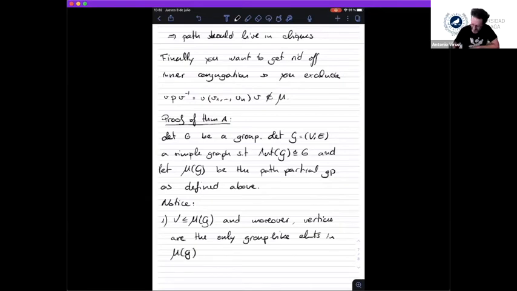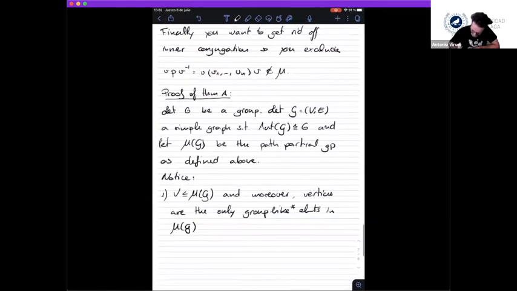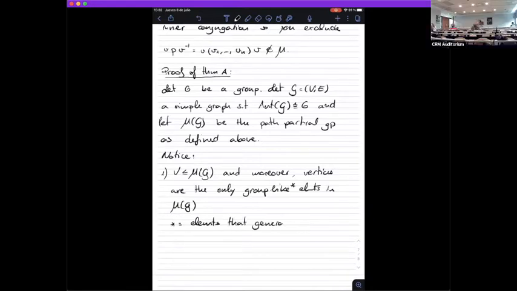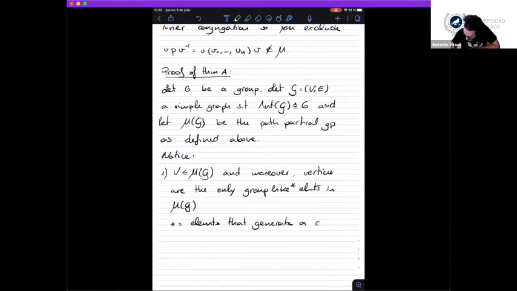So group-like elements means elements that generate a cyclic group in the partial group, right? So not every element can be multiplied by itself.